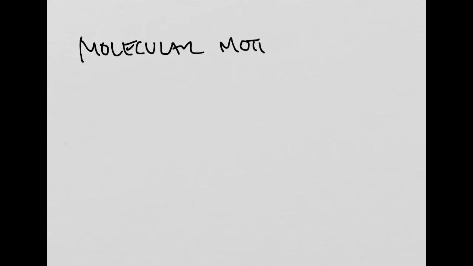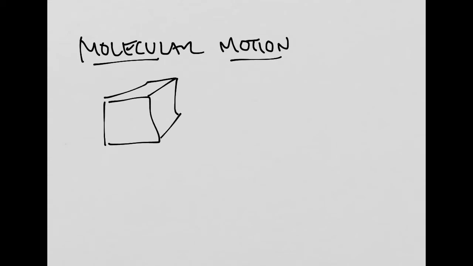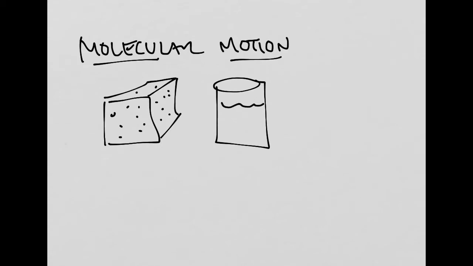You probably recall this concept from chemistry: even something like a solid block of metal, the molecules or atoms that make up this chunk of metal are constantly moving. They're moving much less in metal as compared to, say, a liquid, where they're moving a little bit more and they're more spaced out.